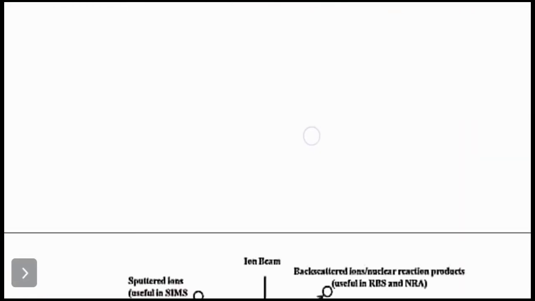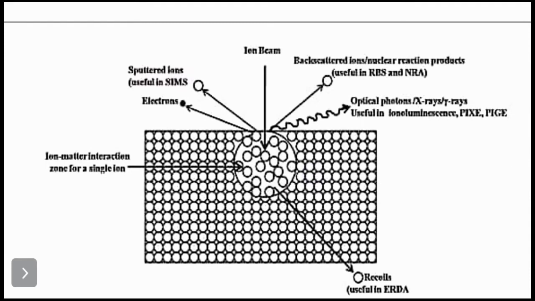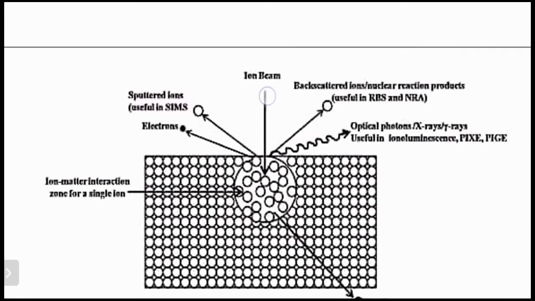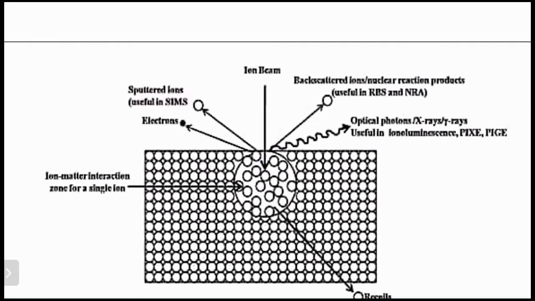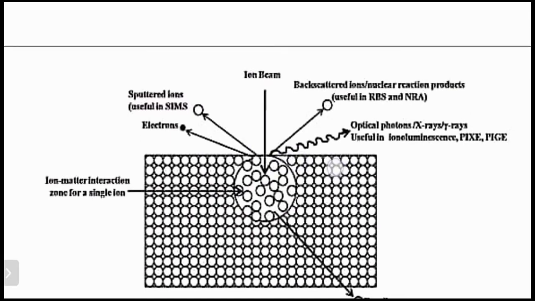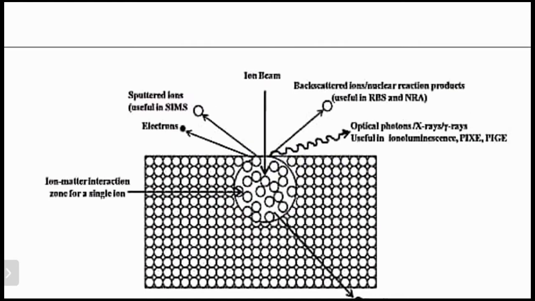Here we can see the various techniques that are generally used and how they interact with the given sample. Once the ion beam is incident on the sample, various phenomena might occur. Backscattering may occur, and that technique is called Rutherford backscattering, RBS.